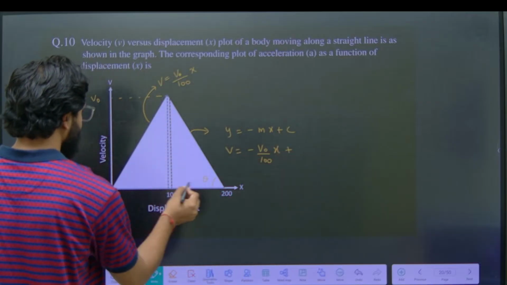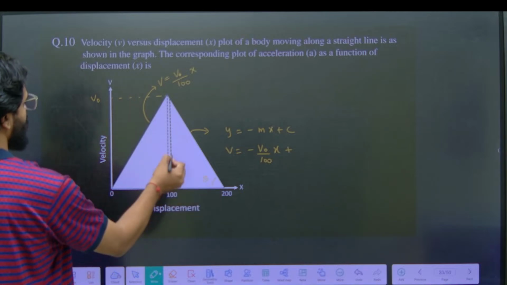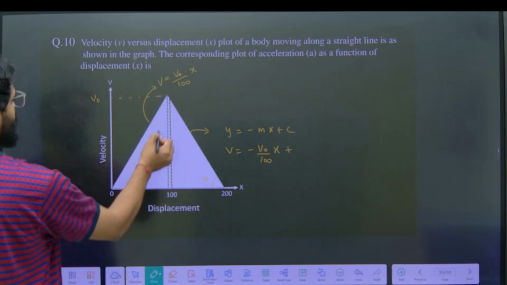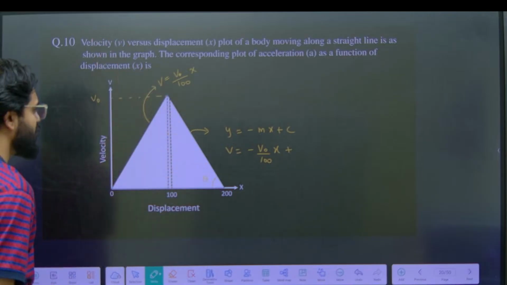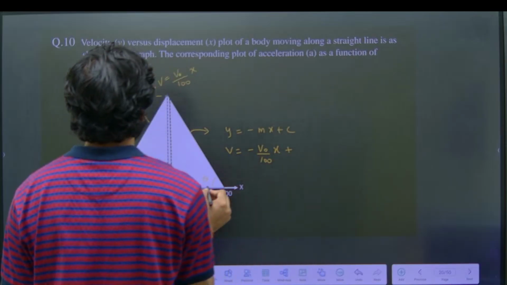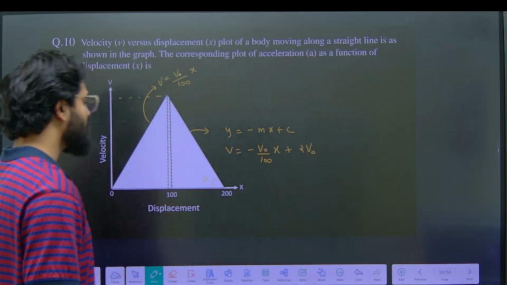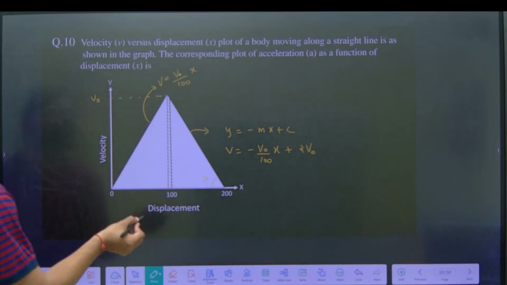So we can say this is correct. So in 100 you are reaching v naught. In 200, what would be your intercept? It will be 2v naught. Correct? Yes.